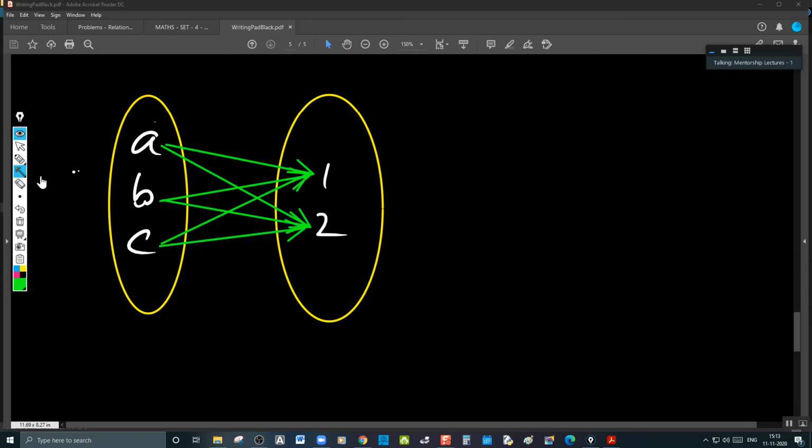So how is it shown? If I say this is set A and set B, and this relation is denoted by R, ARB. Let me define this R later. Let me write the cross product of these two. A cross B is equal to, anyone?